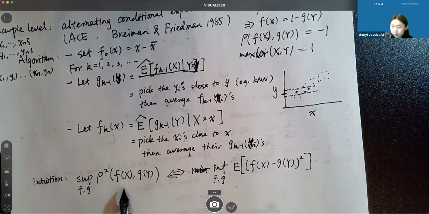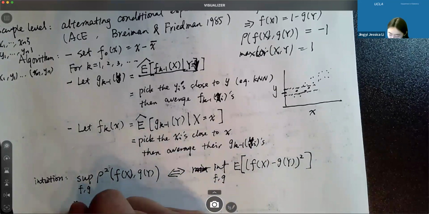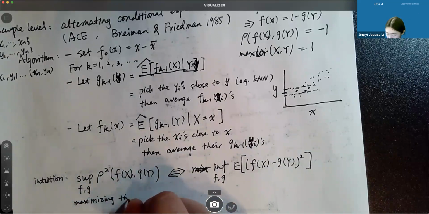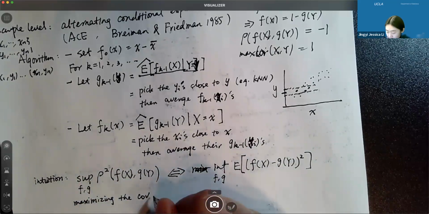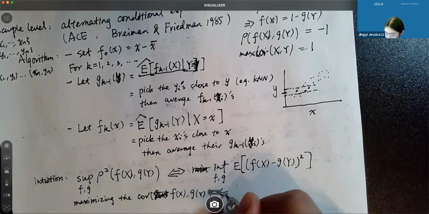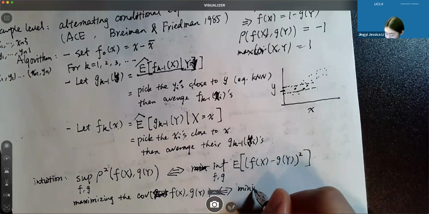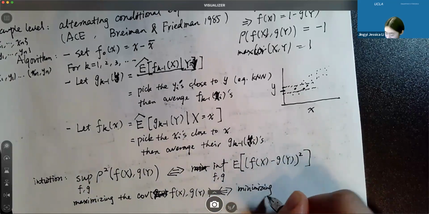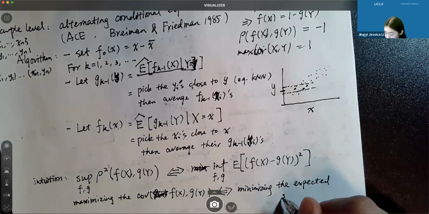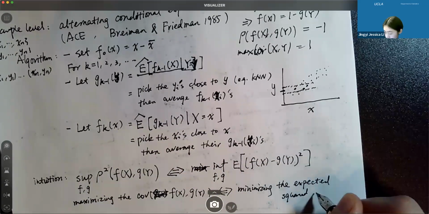So maximizing the covariance of f(x) and g(y) is equivalent to minimizing the expected squared difference.